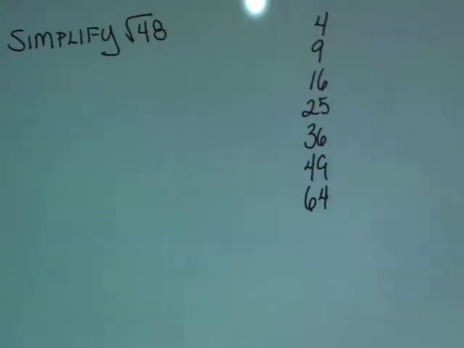That'll probably be about as large as you would need to go in my type of assignments, but any perfect square will fit the list. So if it's 100 that you need to pull out, then you pull out of 100, because the square root of 100 is, of course, 10.